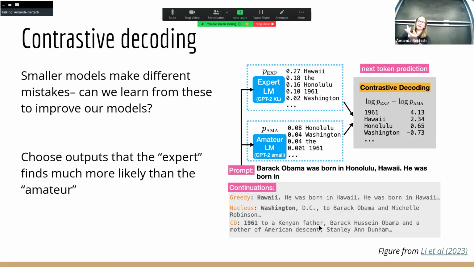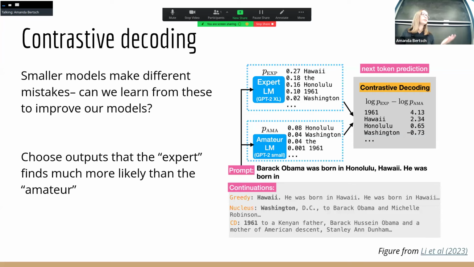So here we actually get the year Barack Obama was born, which is maybe a fact that the larger model knows and the smaller model did not know. And this is just one of a broad class of methods where you can use external information to improve your decoding by modifying this distribution at each step.